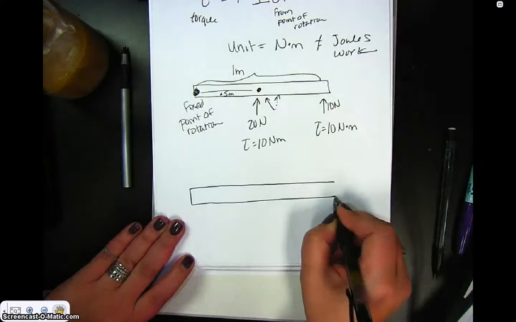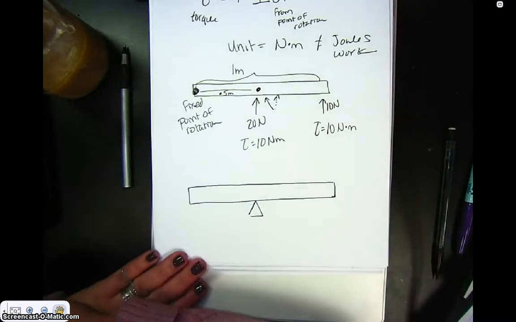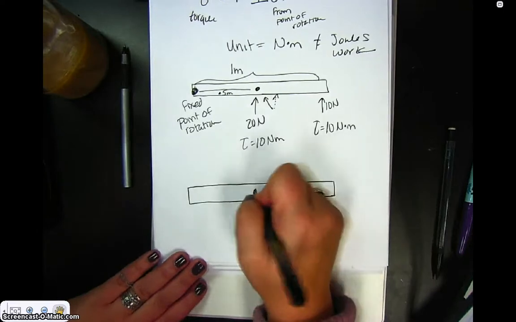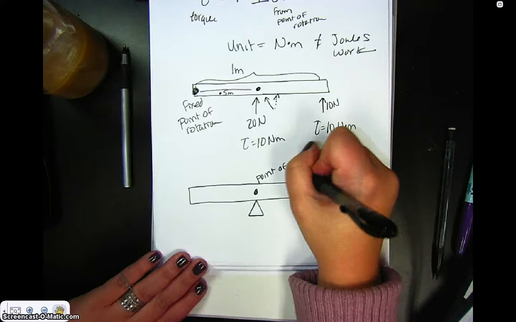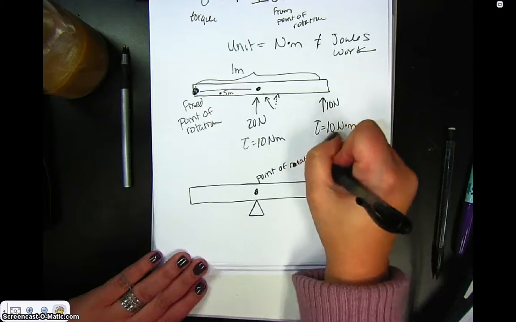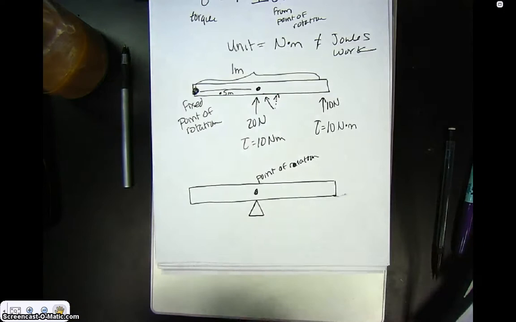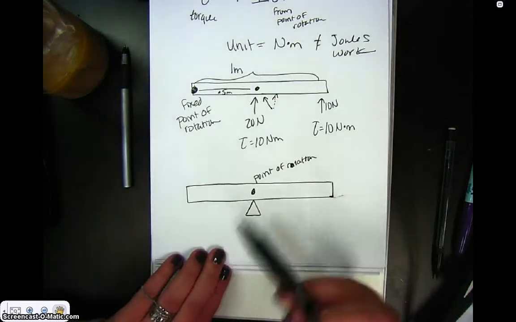an equilibrium idea. Let's say I have a seesaw, and there's some point here that's fixed. So this would be my point of rotation. And let's assume that the seesaw is weightless, or that on either side we have the same amount of mass, because this would be at the center of mass. All right, and that will make a little bit more sense later.